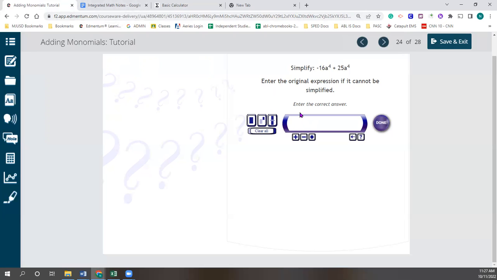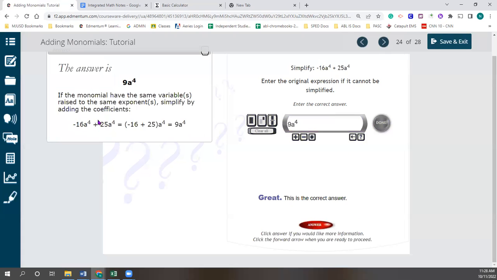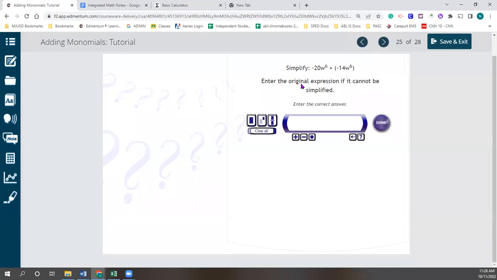So 9, and then a to the 4th power. Done. Great. Got it. Check answer. That's how it worked. Negative 16 plus 25. Might be able to do that in your head too. I don't like doing them in my head because I might get them wrong.